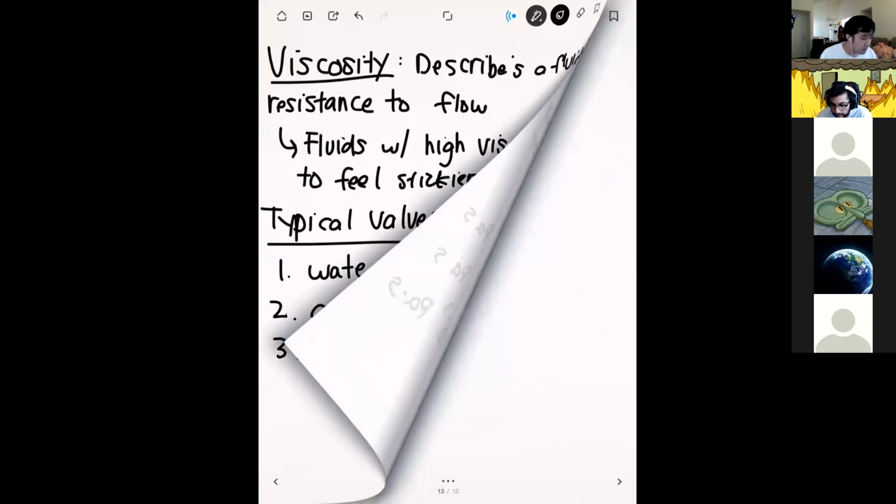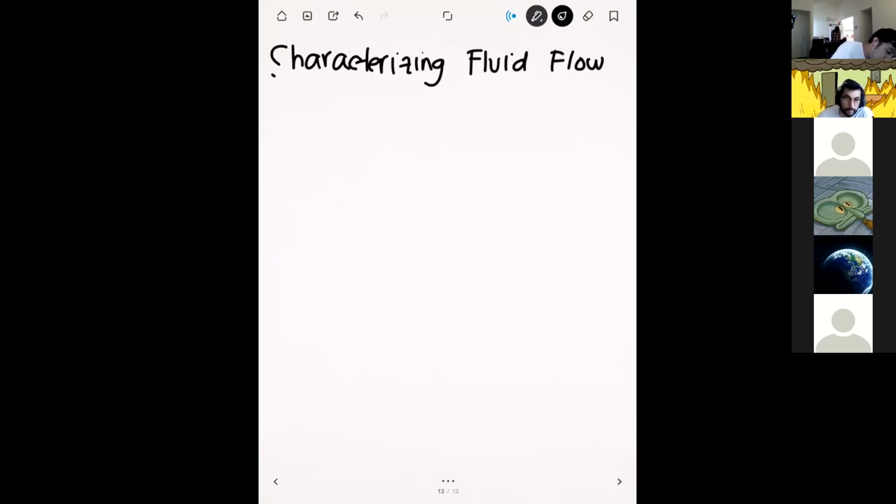Okay. There's one more thing I want to go over today, and it's more of a practical thing, which is what a lot of people do out in the field, and that's characterizing flow. Because as you'll see in this class, fluid flow is really complex.